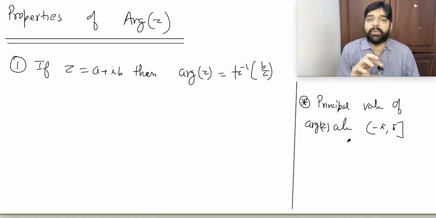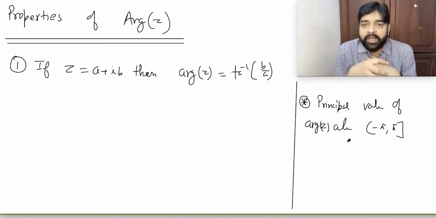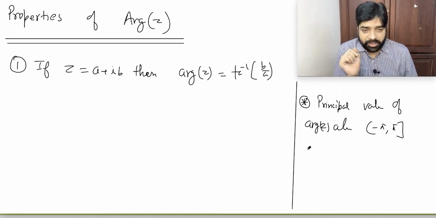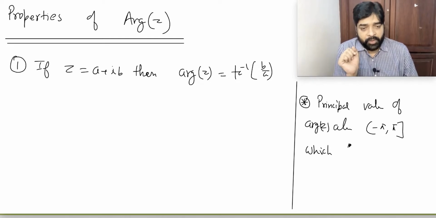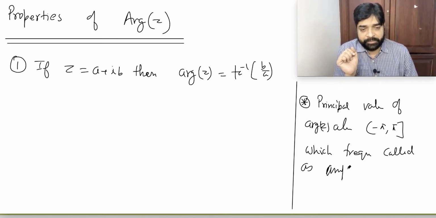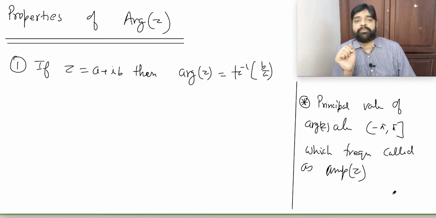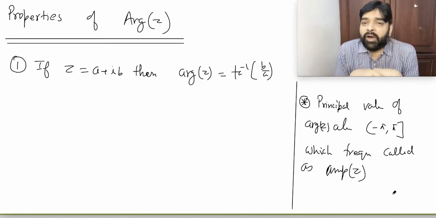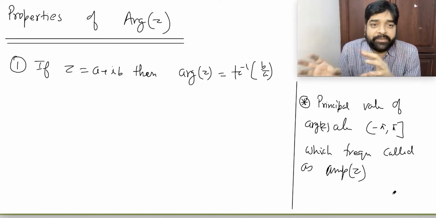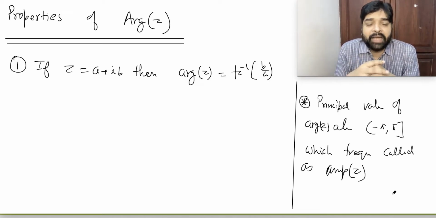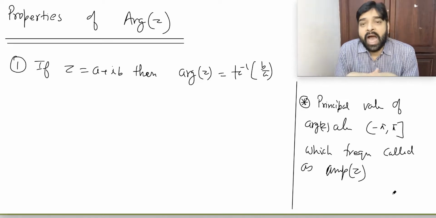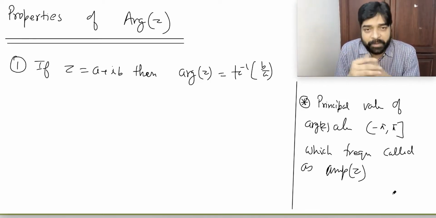It's not actually argument, it's a principal value, which is frequently called amplitude of Z. This is the slight difference between argument Z and amplitude Z. Argument Z can be any angle, because they didn't ask you the principal value.